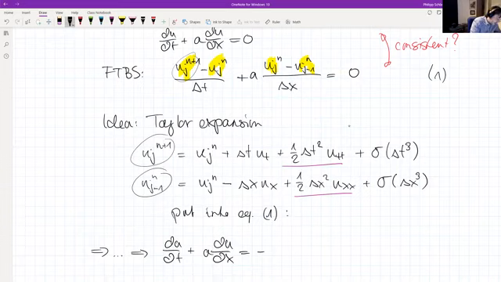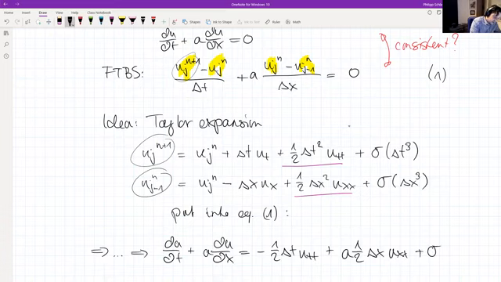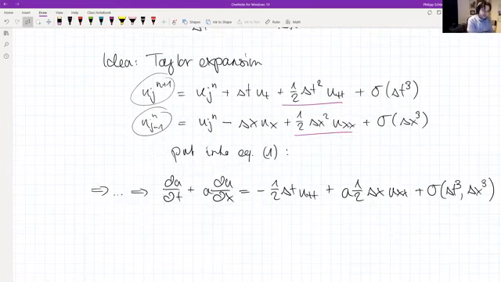So minus 1/2 delta t u_tt plus a times 1/2 of delta x u_xx plus order delta t and delta x to the power of 3. So this here is what I get when I put everything into the fully discretized equations.